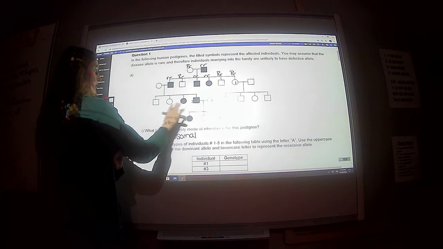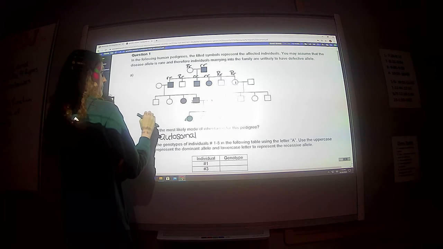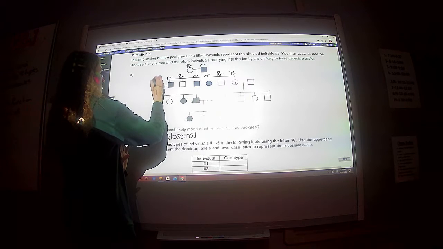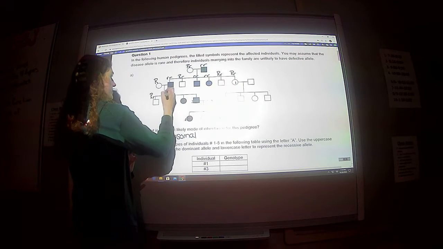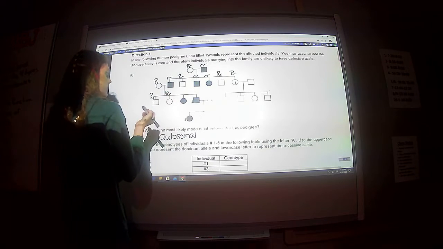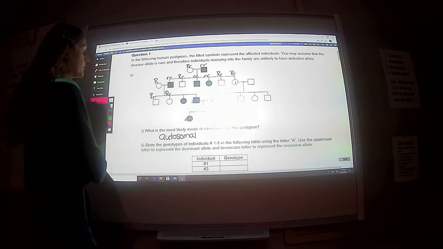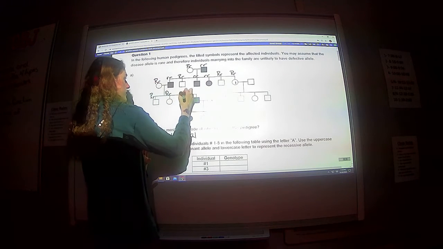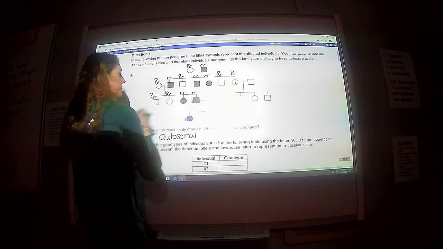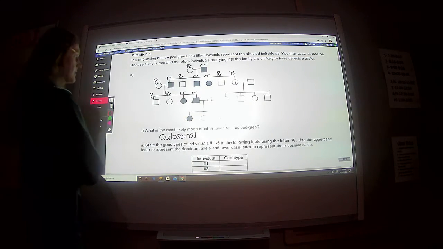That would mean that down here, she has a capital letter, and this one gets a capital letter and a recessive letter. They have 2 kids who are affected with the disorder, so she would also have to be affected, which would give me something like that.